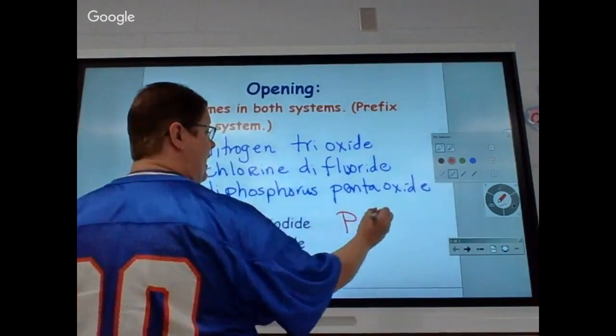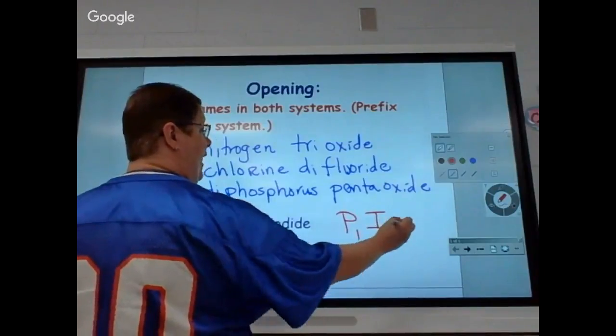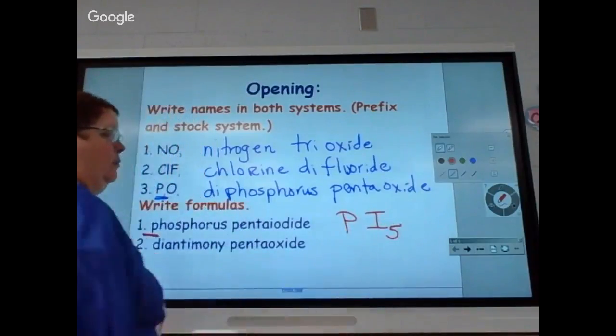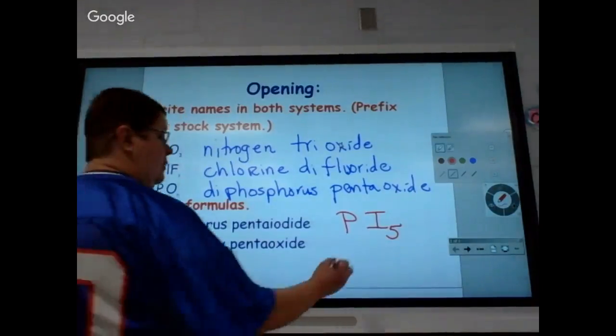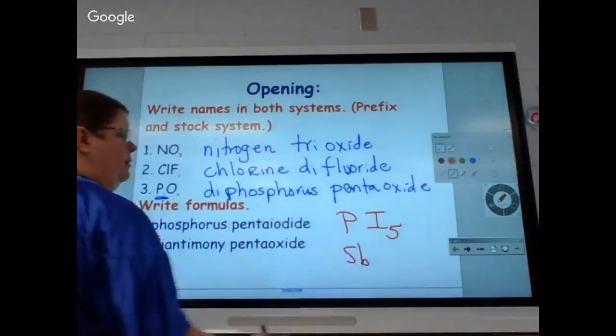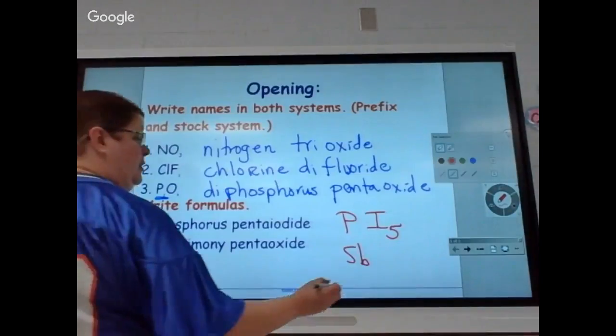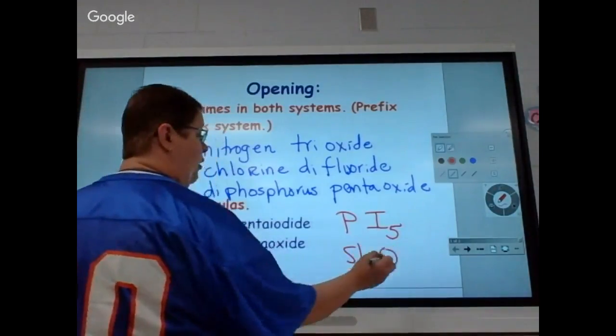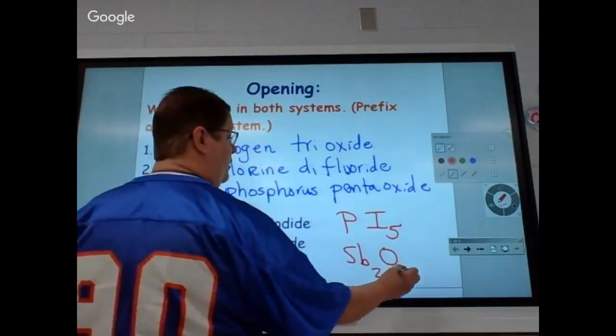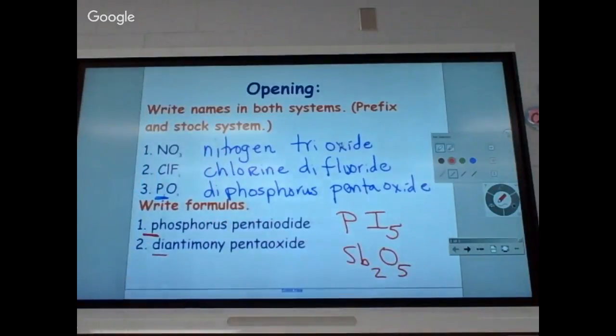Pentaiodide means iodide has a what? A 5. And I'm just going to take the 1 off because we don't usually write it in the formula. All right. Diantimony. Antimony is Sb, and it says di, so that tells me it's a what? A 2. Oxide is O. Penta means what? 5. Got it?